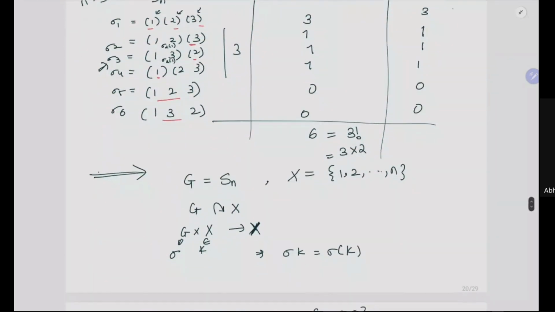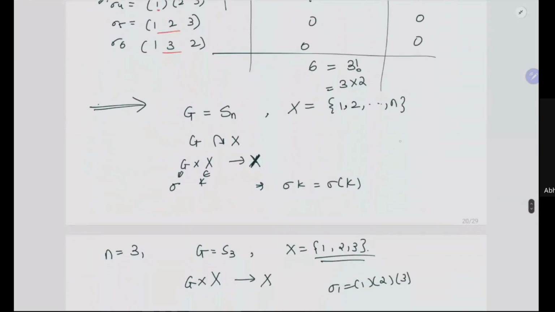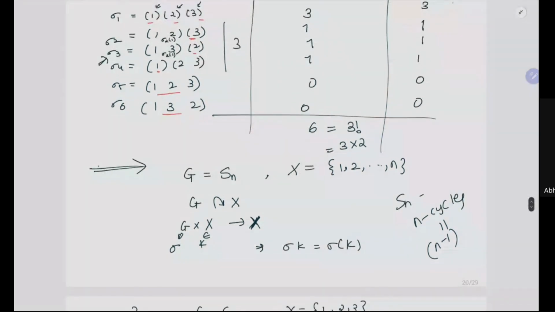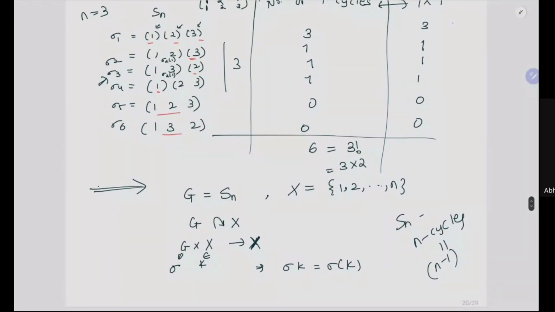But for example, if I am in Sn and I'm talking about n cycles, then in that case it will be n minus 1. This we know, right? There are n minus 1 n-cycles in Sn. Yes, ma'am.